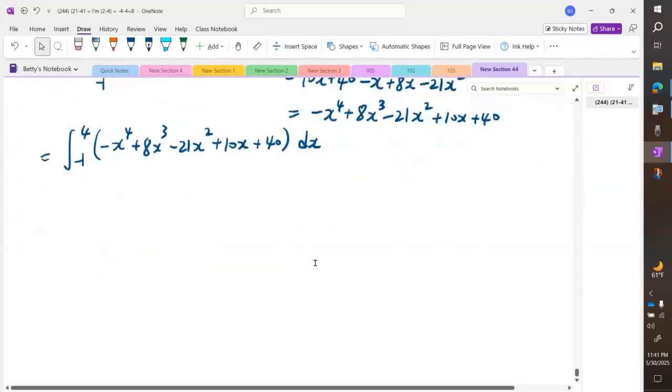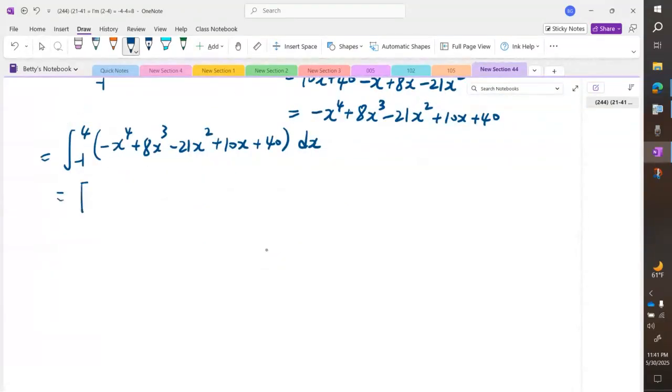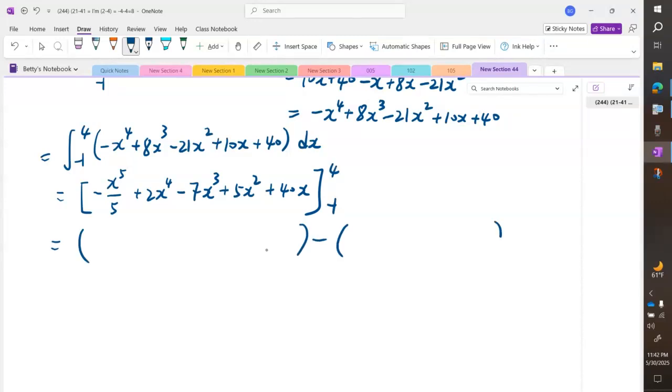Find the antiderivative of the function and put it in the bracket. It's going to be x to the power 5th over 5, and this one, 2x to the fourth, this one, 7x cubed, this one, 5x squared, this one, 40x. So parentheses minus parentheses.